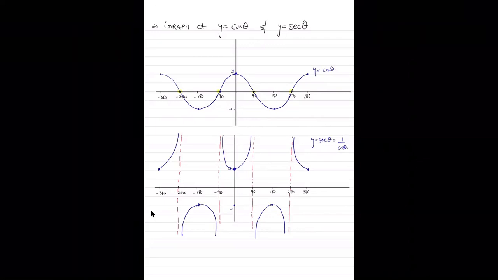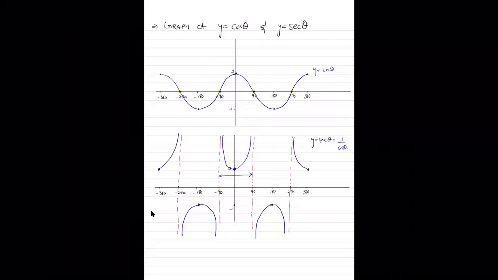In cosec theta, the asymptotes were starting from 0, and then the next asymptote was 180 degrees apart, that is 180 degrees or pi radians. The angle between the two asymptotes was 180 degrees. Here, the first asymptote is at minus 90 and the next asymptote is at 90 degrees, and there is one half cycle of secant theta over here.